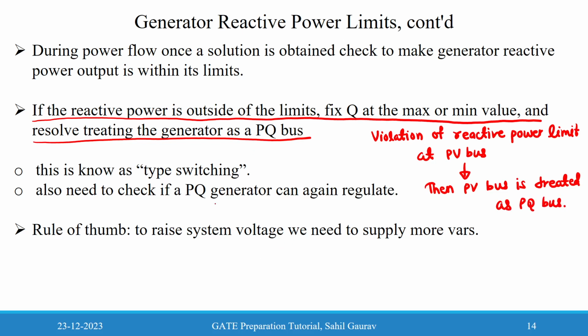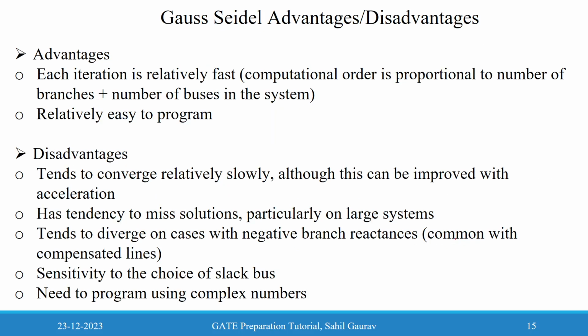This is also known as type switching, and we also need to check if a PQ generator can again regulate. And the rule of thumb is, as I said earlier, to raise the system voltage, you have to supply more vars, and that is done with the help of the exciter.